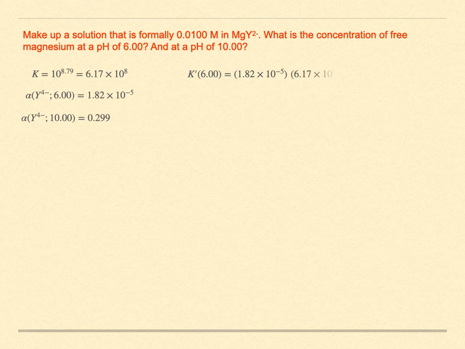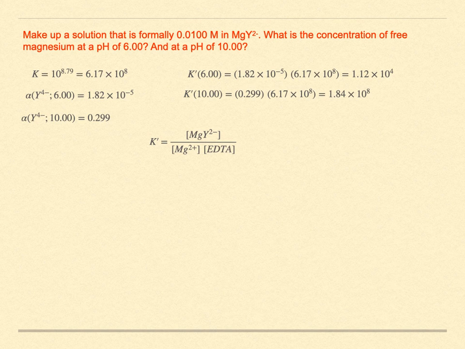From them, we can calculate the conditional formation constant at these two pH values. This is the equation for the conditional formation constant. For this problem, the dissociation of the added complex ion must produce equal amounts of EDTA and magnesium 2+, and that amount is subtracted from the formal complex concentration. This is just an ICE calculation. Solve the quadratic for x and find the concentration at the two pH values.